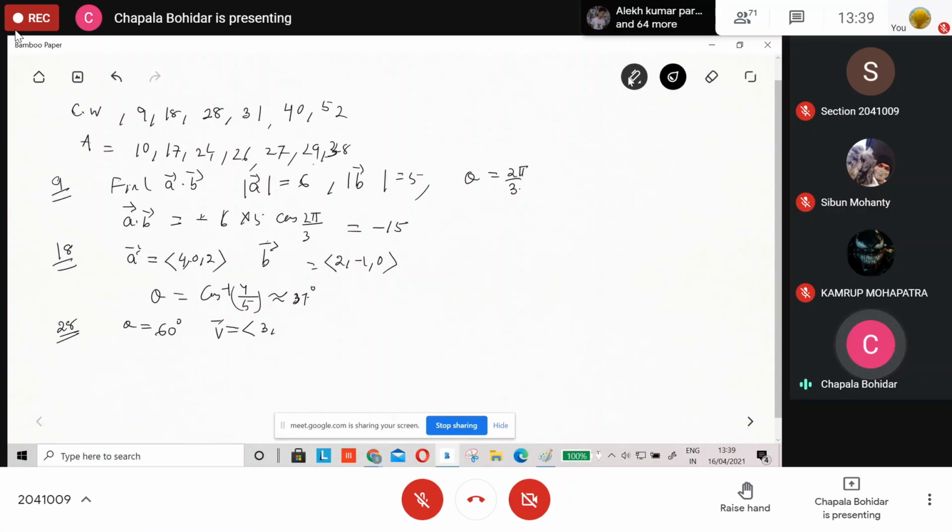The component is 3, 4. Find two unit vectors. How do you solve here? Let me write here, you write down.